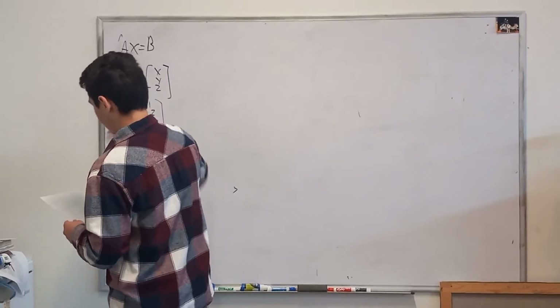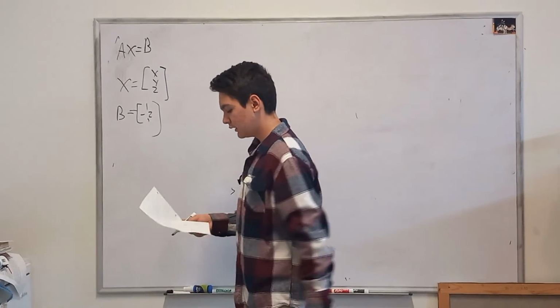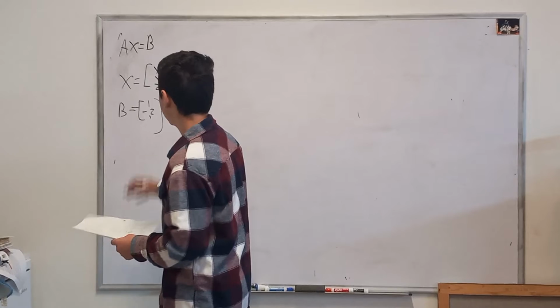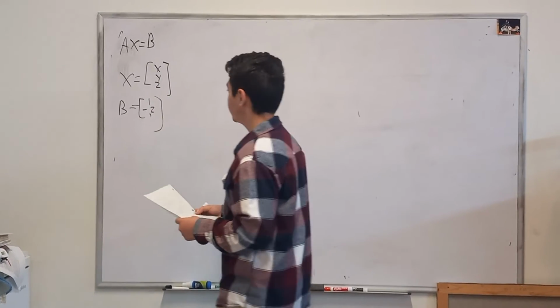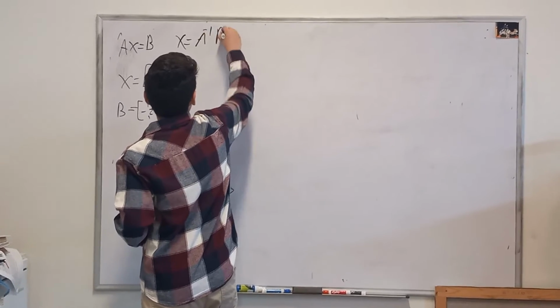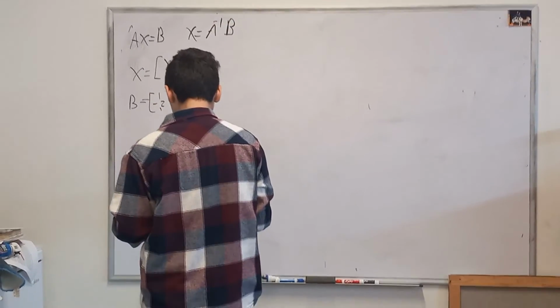So we have this form here, and what we can do is take the inverse of A to get X, because we're going to try to find x, y, and z. So X is equal to A inverse times B.